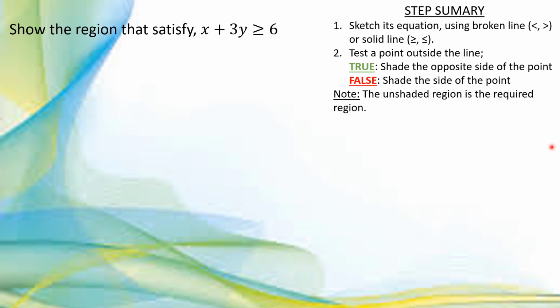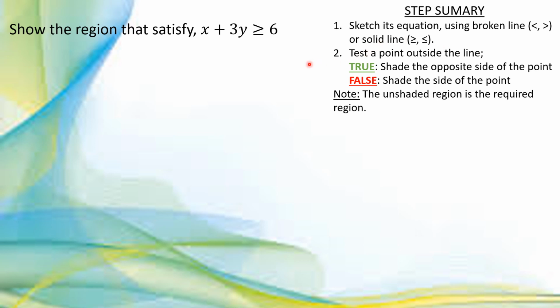We start with an example which says: show the region that satisfies x plus 3y greater than or equal to 6. We review our step summary. Number one, sketch its equation using a broken line for greater than or less than, or a solid line for greater than or equal to or less than or equal to.